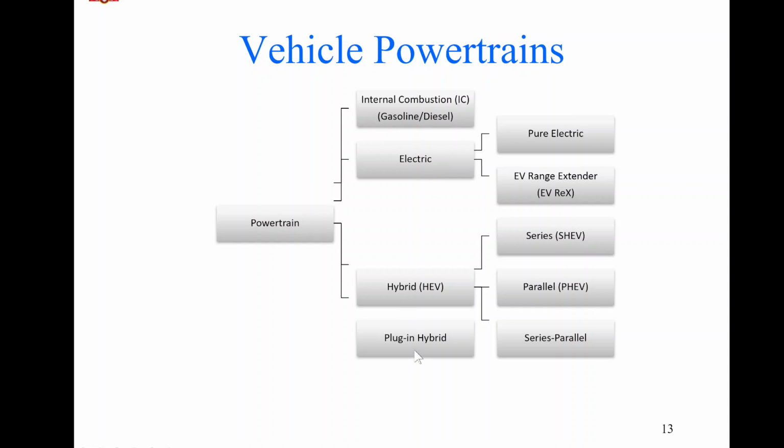Then quickly moving on, we had this classification where we divided the powertrain into internal combustion, electric, hybrid electric, and plug-in hybrid. The electric vehicle further classifies into pure electric and EV with a range extender, and the hybrid electric branches out into serial hybrid electric vehicle, parallel hybrid electric vehicle, and series parallel. So these are various combinations in which the two sources, the IC engine as well as the electric motor, are being connected.